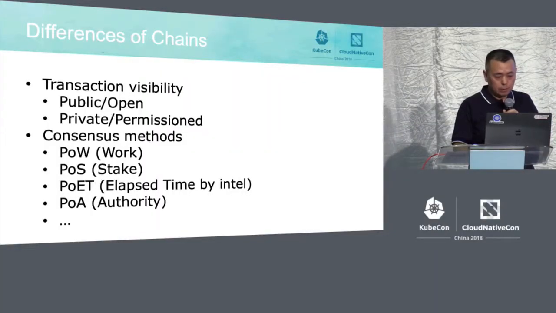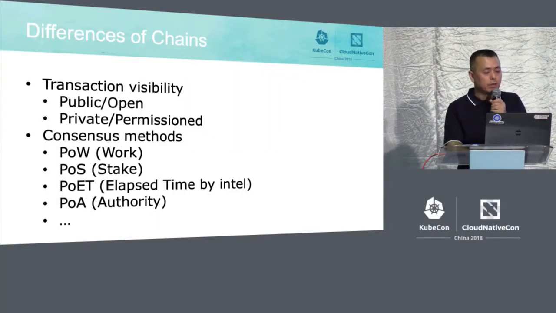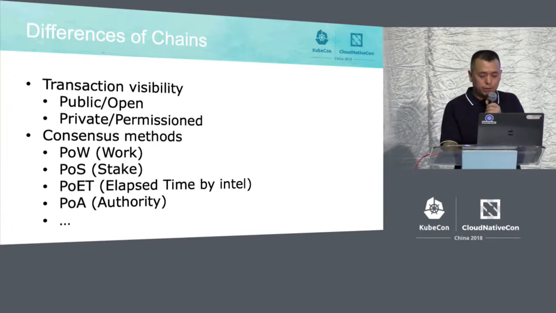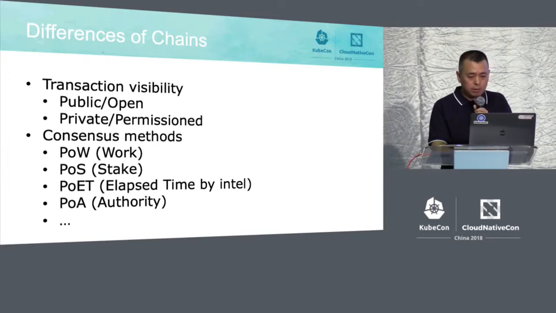Each of those methods has its pros and cons. So you have to look at the application you're trying to develop to choose what kind of consensus method you want to use, right? Of course, there are some other consensus methods. There's actually so many.